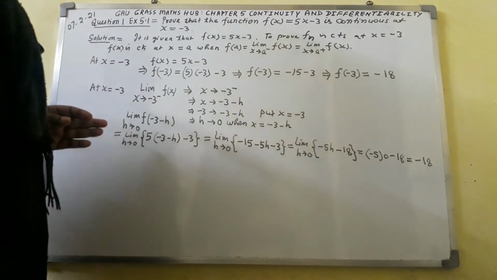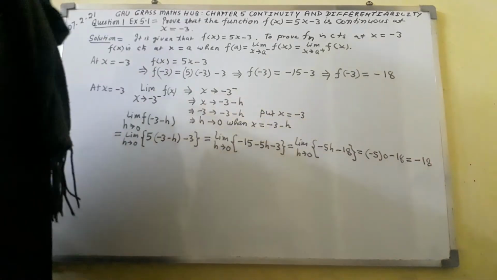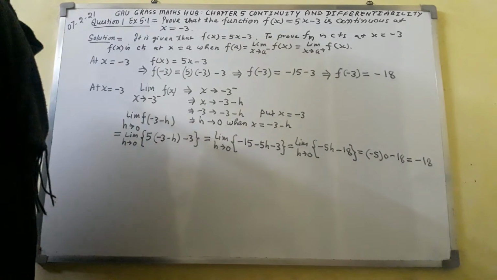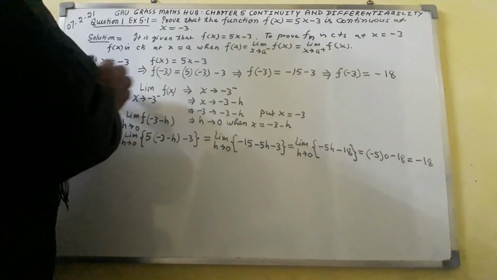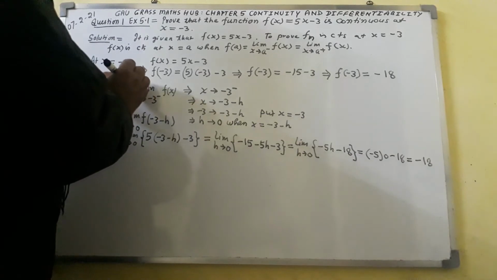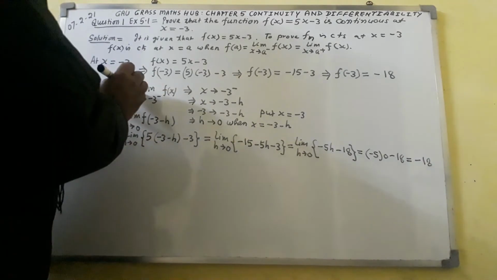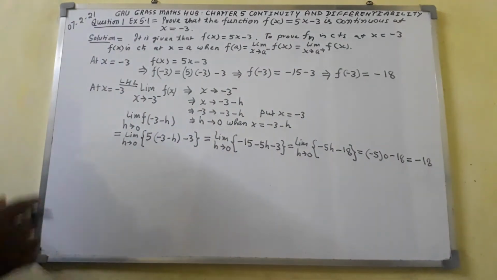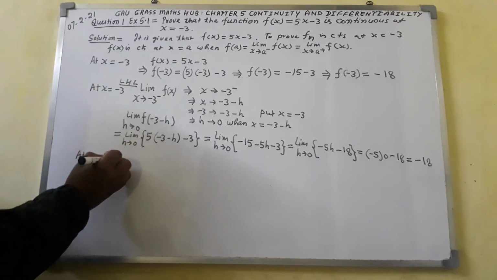So here left hand limit you have got minus 18, and now I shall verify here right hand limit. This is left hand limit. Here I shall write right hand limit at x equal to minus 3.